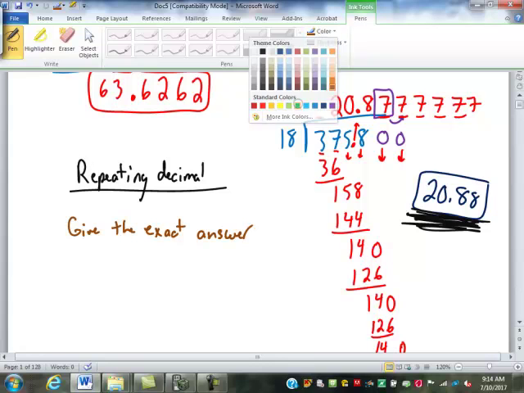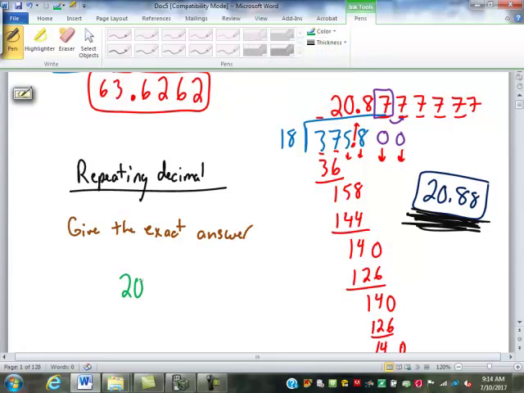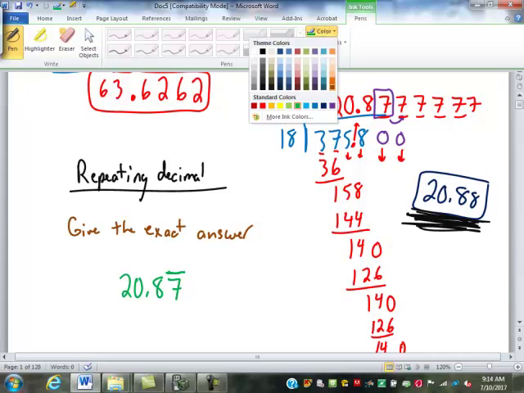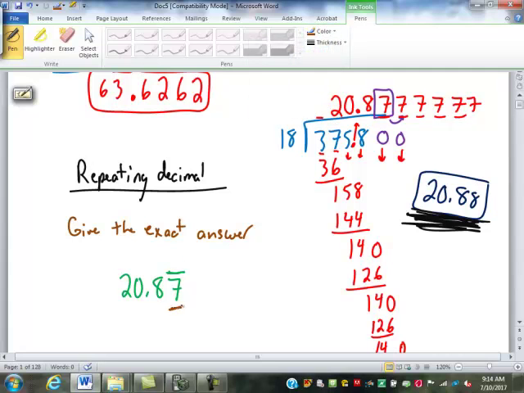Well, the way we express that 7 repeats is this. It's 20.87. And once we've written all the digits that repeat, and the 7's the only one that repeats, we put a bar over it. That bar tells us that 7, and only that 7, keeps repeating over and over again.